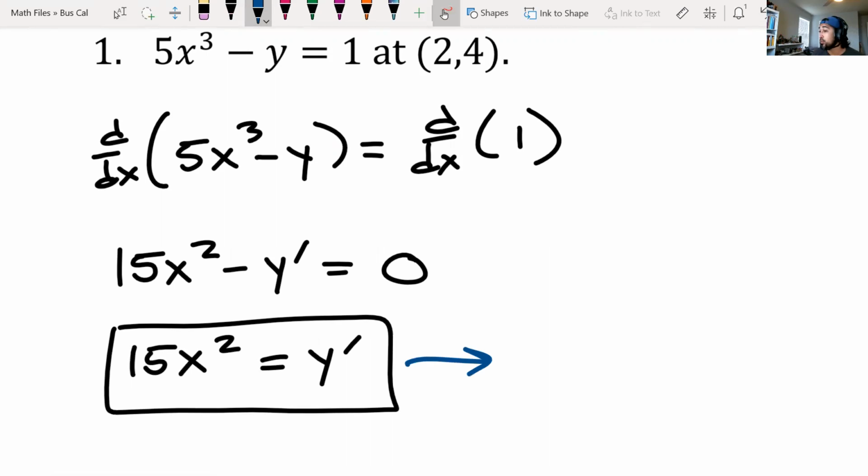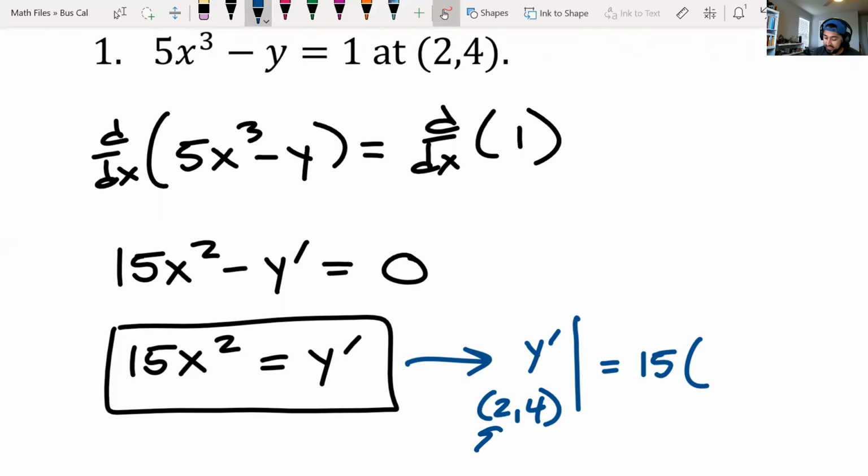And now let's go ahead and evaluate. When you evaluate these functions, the notation looks a little funny as well. We say y prime evaluated at the point (2, 4). So this will equal 15 times, and the only number we can actually plug in here is the x value of 2.